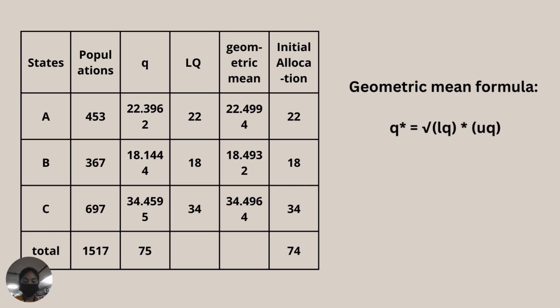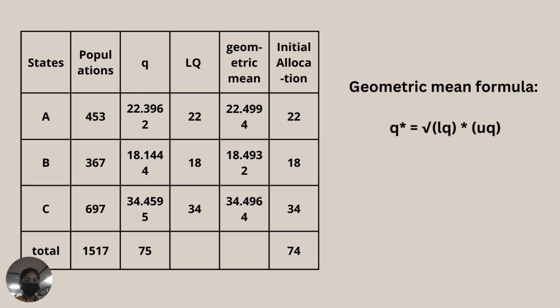Next, we will calculate the geometric mean. The formula of the geometric mean is the square root of the lower quota multiplied by the upper quota. For state A, the lower quota is 22 and the upper quota is 23, so the geometric mean is 22.4994.